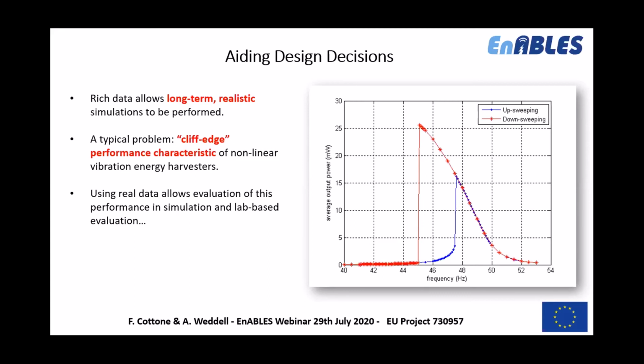And there's also a cliff edge on the way down. So if the vibration of your engine, or whatever piece of machinery you're working with, drops below a certain frequency, then you effectively get almost zero power output. So just looking at the behavior of the vibration sources can give you a lot of useful information to decide on the appropriate type of energy harvester.